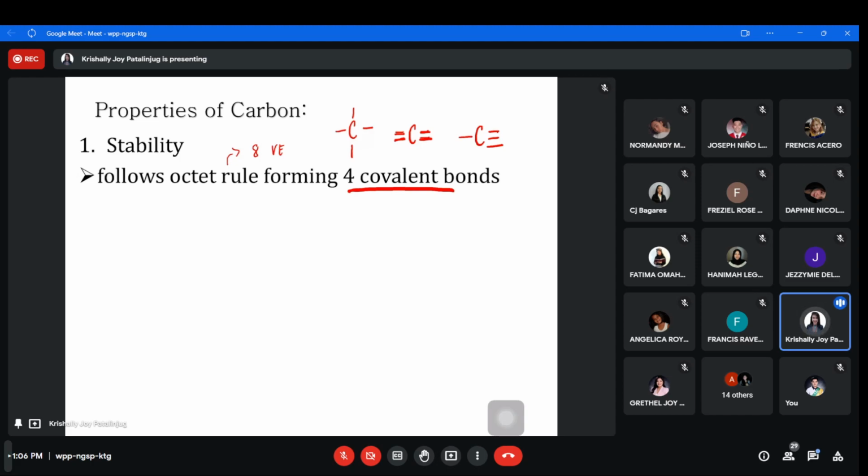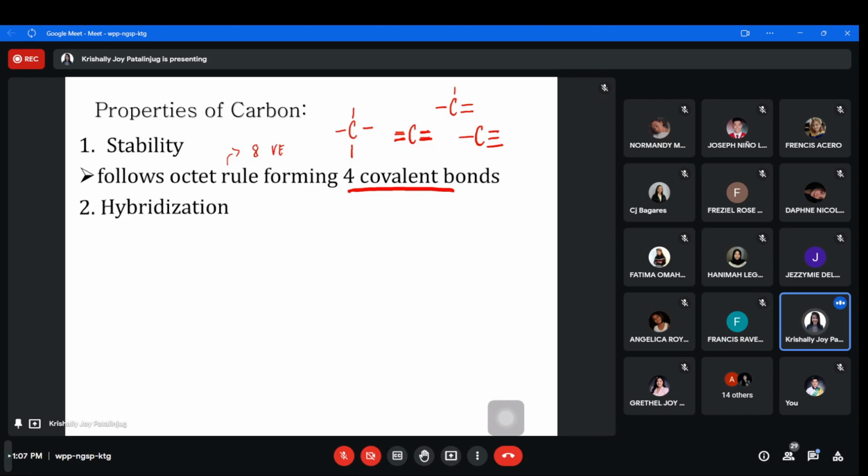Or another condition is that it has two single bonds and one double bond surrounding it. All in all, it is still 4 covalent bonds that surround the carbon atom in any structure. So that is the first property, stability, and you have already known this.